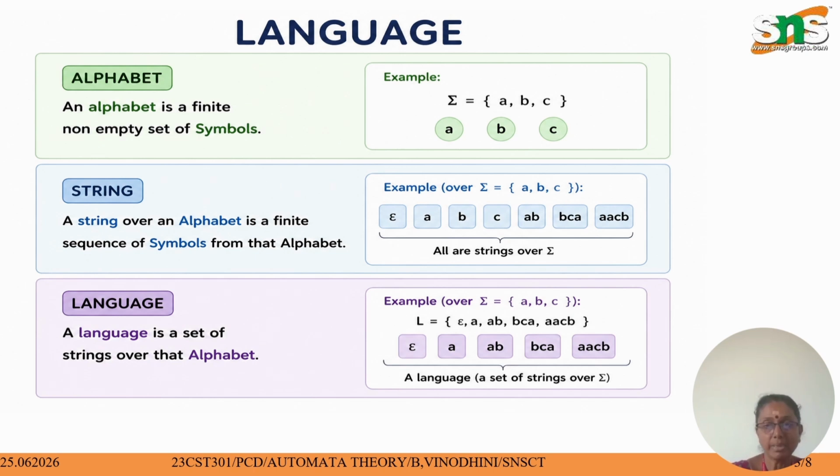Next is a language. A language is nothing but a set of strings over an alphabet. So the language set contains all the strings we can derive from the alphabet.